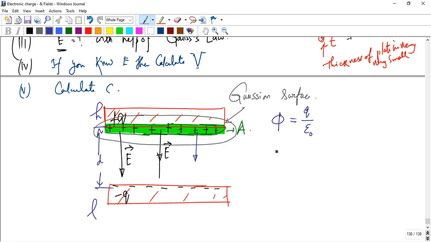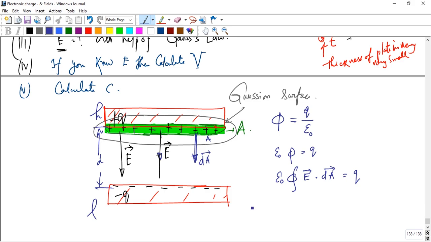So epsilon naught times phi equals Q, and phi equals the closed integral of E dot dA. E and dA are both in the same direction, so it is cos 0 degrees. A dot B means AB cos 0, which equals 1.